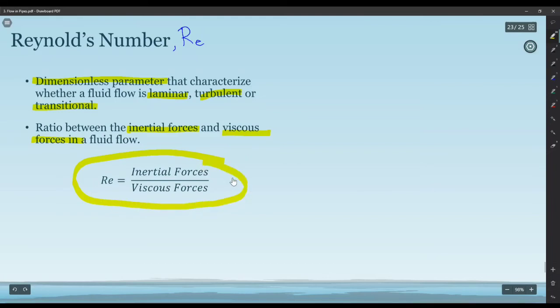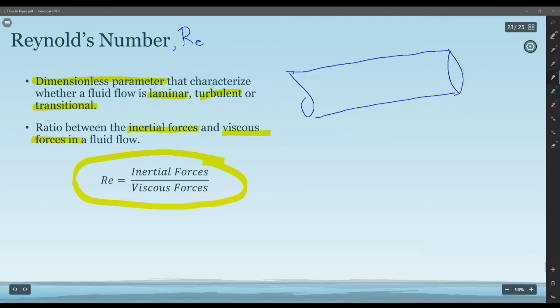Again, it is just the ratio of the inertial forces over the viscous forces. We can illustrate it using this figure. Let's just say we take a portion of a pipe. In this pipe, we have fluid flow, and water enters here. The force produced by that fluid flow is what we call the inertial force.